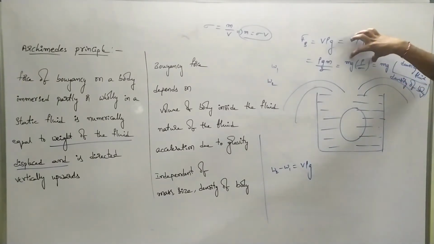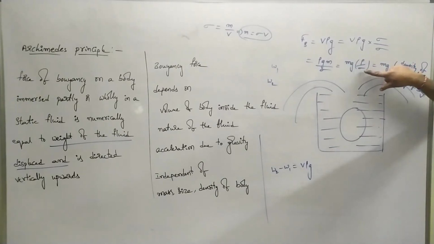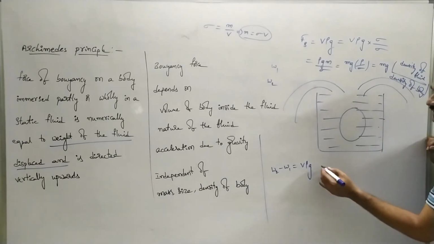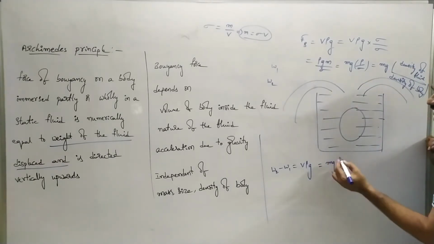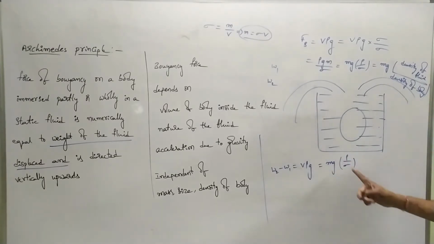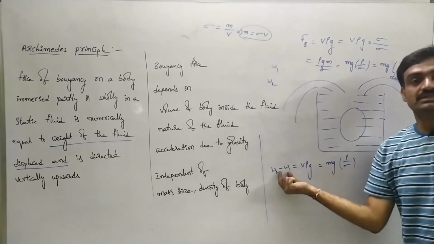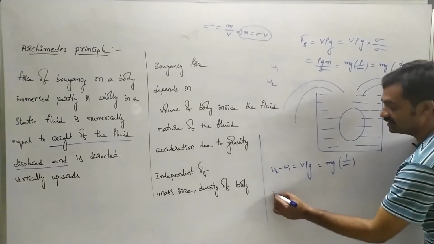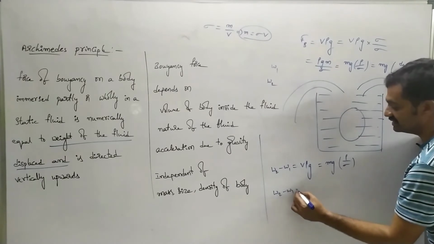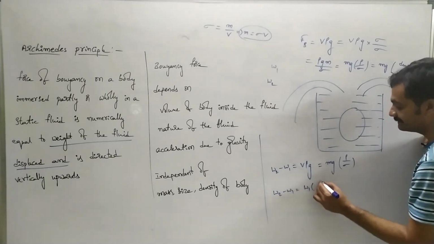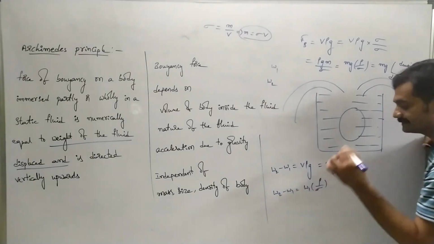Based on that, we had represented the expression as mg into rho by sigma, where sigma is the density of the body. This mg can be represented as W1. So here W2 minus W1 is equal to W1 into rho by sigma.